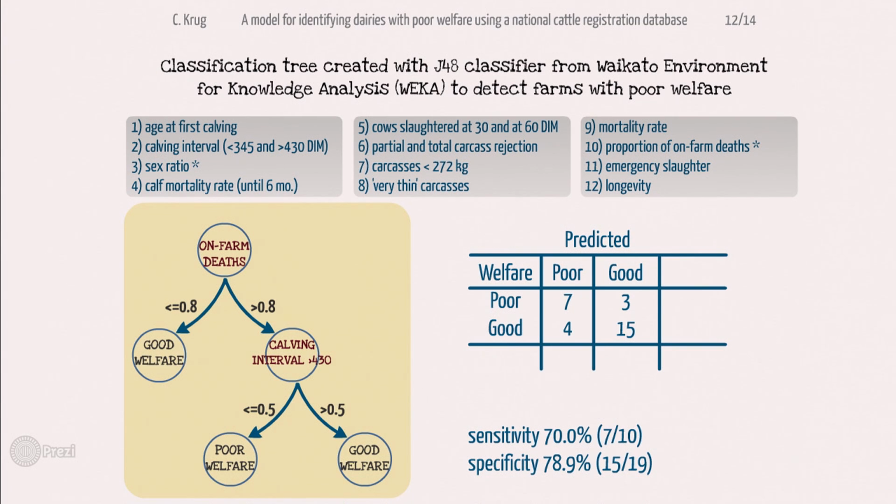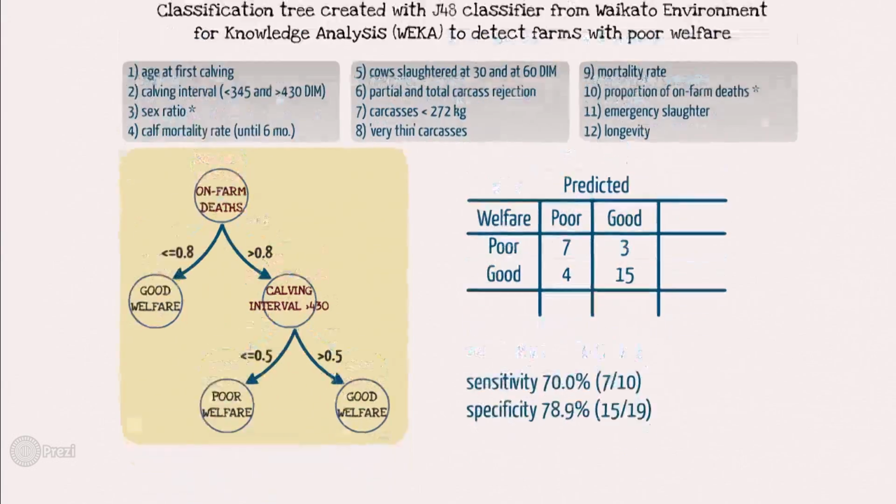If the proportion of on-farm deaths is higher than 80%, then we look to the calving intervals, the proportion of calving intervals higher than 430. So this model was able to correctly identify 70% of the farms with poor welfare.